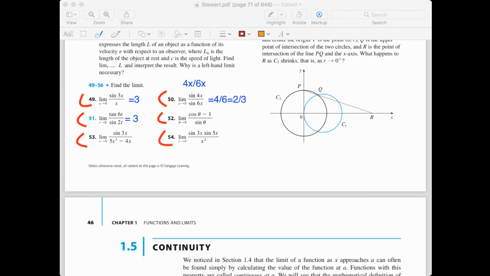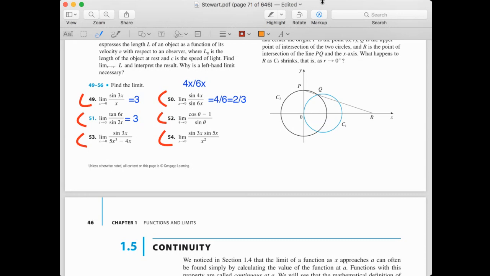Okay, Victoria wants to show 52. Go ahead, Victoria. Yeah, for 52, I multiply both the numerator and the denominator by cosine theta plus 1. And for the numerator, I got cosine squared theta minus 1 over sine theta times cosine theta plus 1.